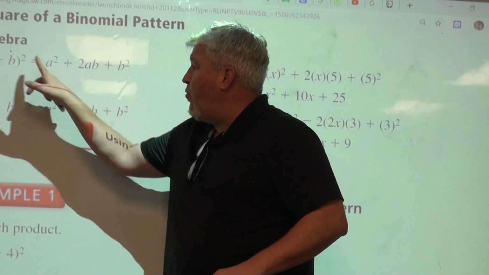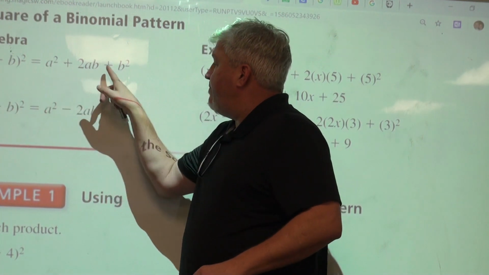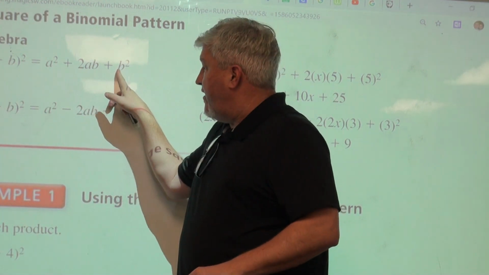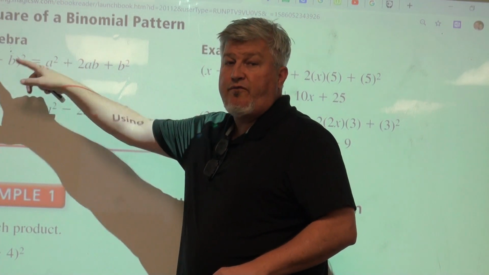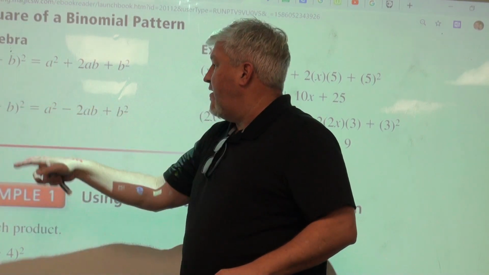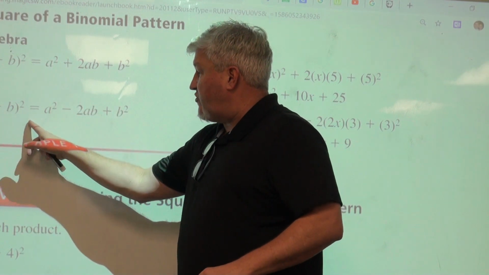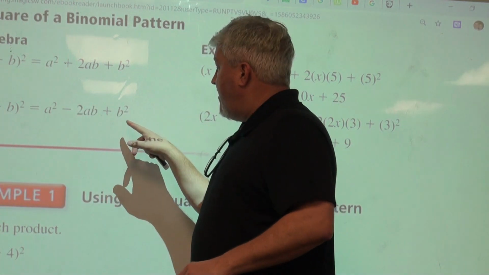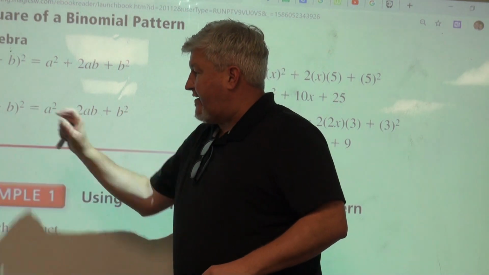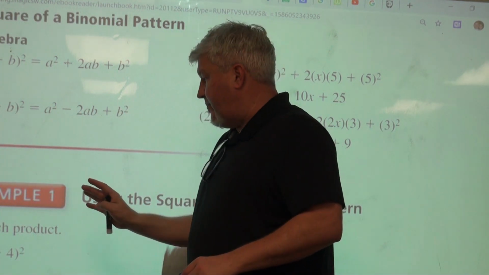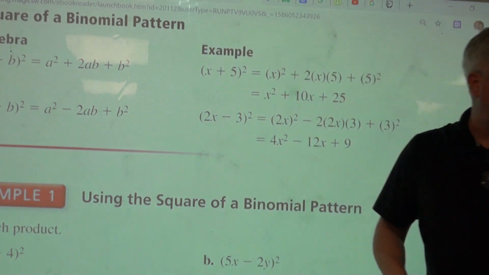It's a squared on one end, b squared on the other end, and in the middle is ab times 2 of whatever the numbers are. And if it's a minus b squared, it's exactly the same thing, except instead of a plus, it's a minus. You double whatever a times b is. Very simple.